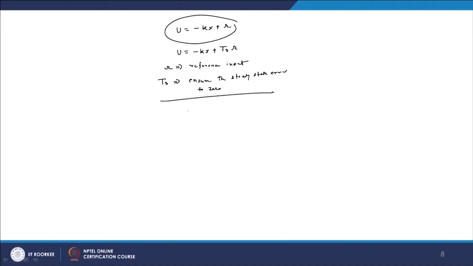So, now x dot equals Ax plus Bu, and U we will write as minus Kx plus Ts into R. Now, the equation has changed to A minus BK times x plus B into Ts into R. Now, this equation we have determined.